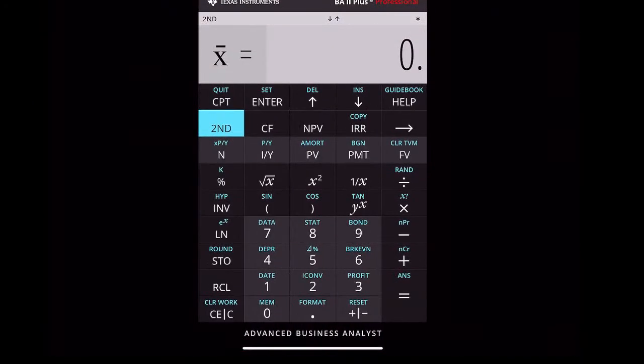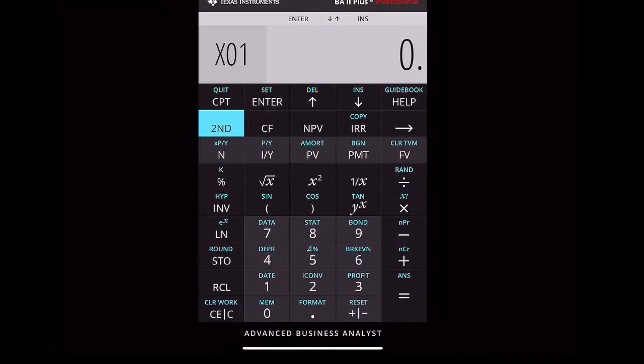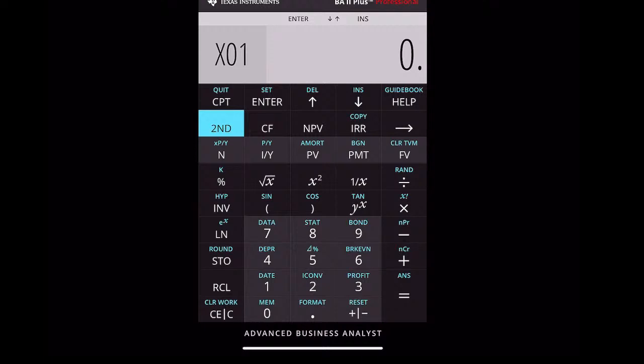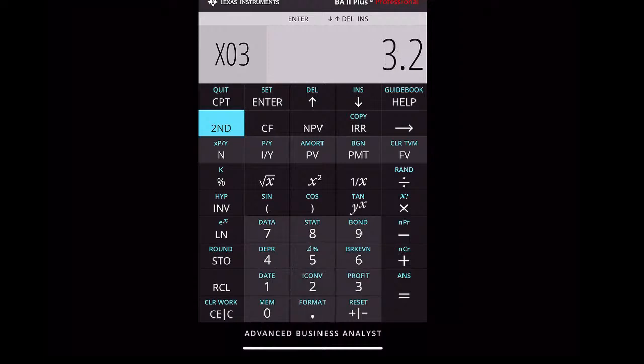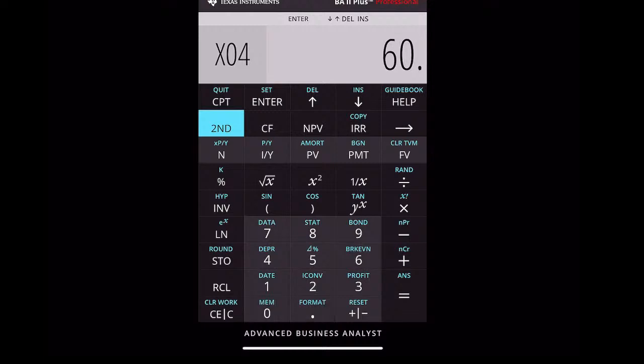go back to entering data, clear work, and enter $38.44, enter down, down. 0.04, enter down, down. 3.24, enter down, down. 60.84, enter down, down.